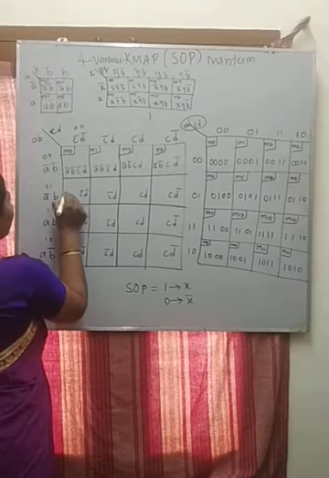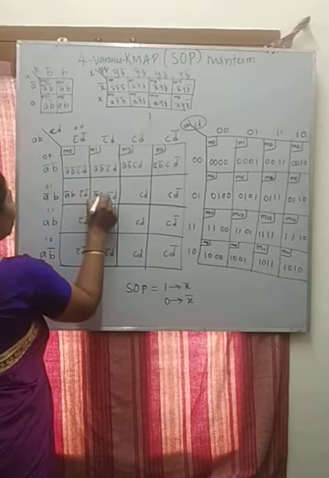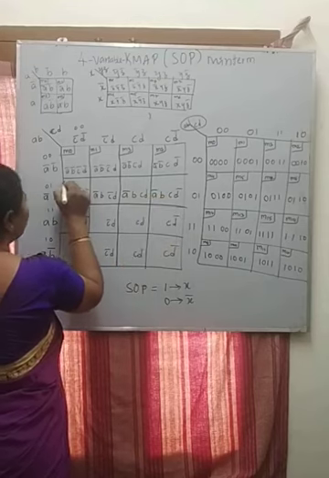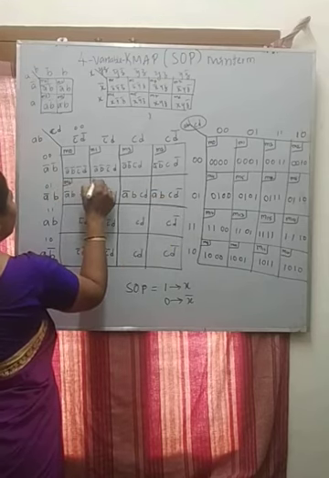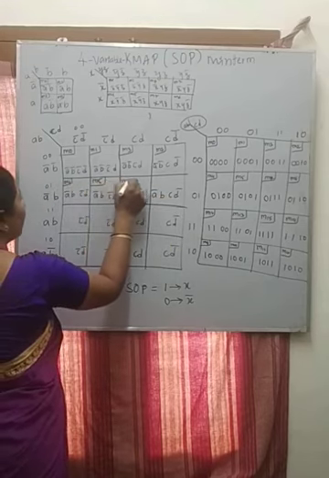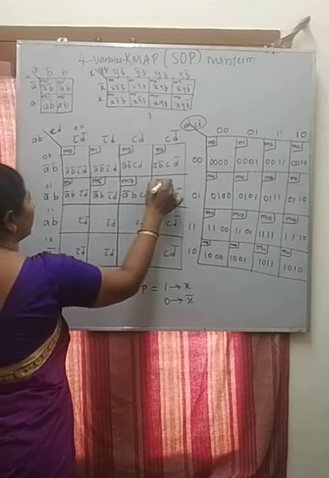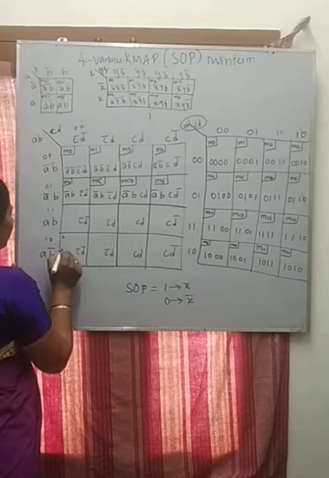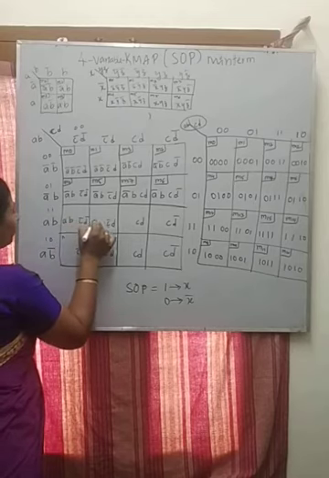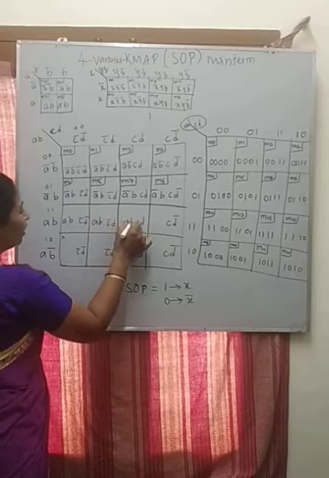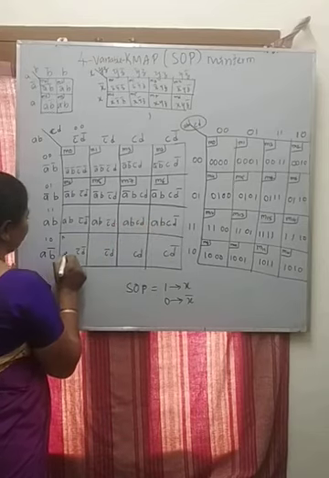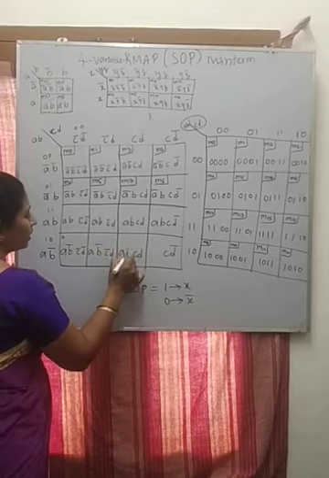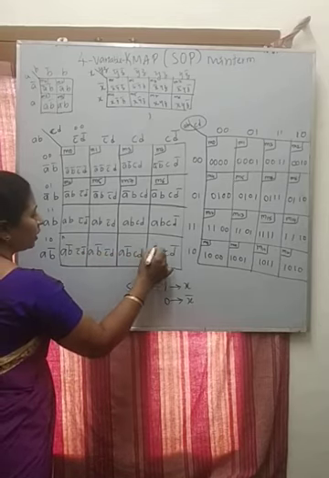Then A complement B, A complement B, A complement B, A complement B, M4, M5, M7, M6. Then here AB, AB, AB, AB, AB complement, AB complement, AB complement, AB complement.